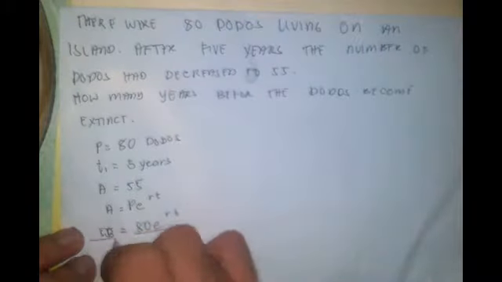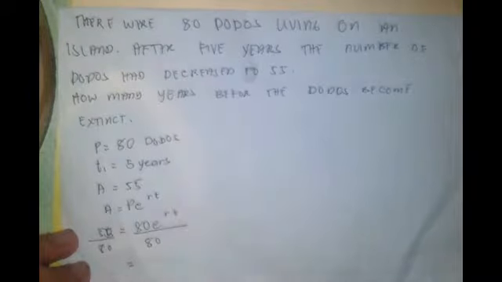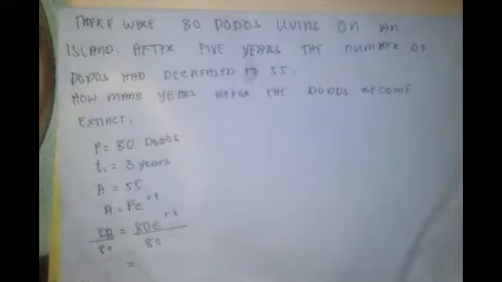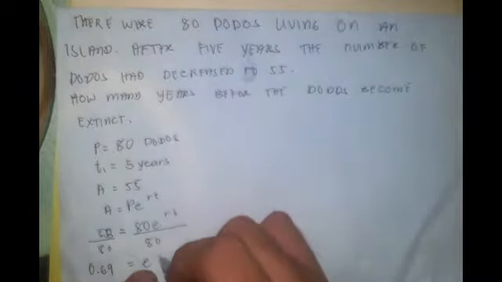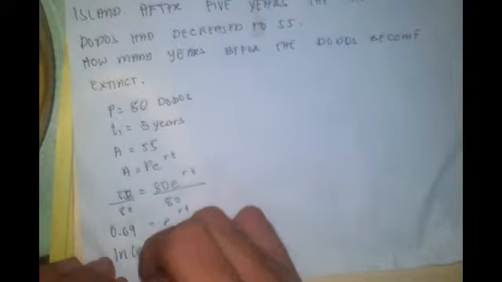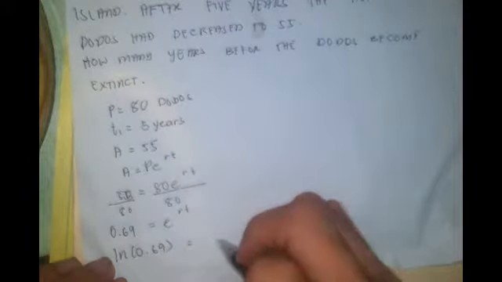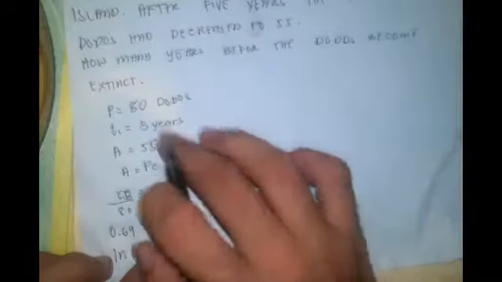Divide both sides by 80, then we will get 0.69 = e^(rt). Using the natural logarithmic property, ln 0.69 = r times 5.